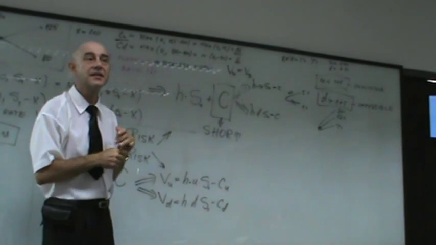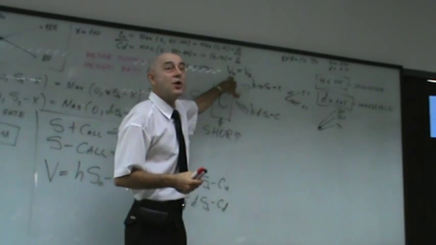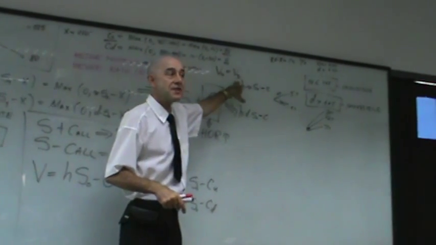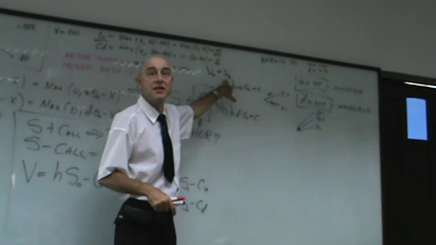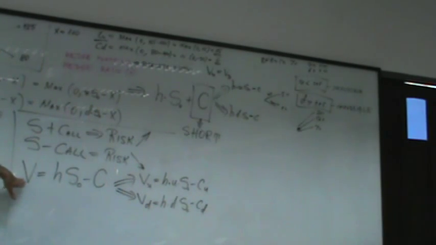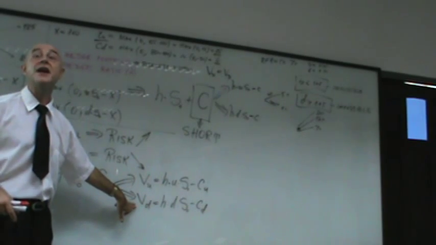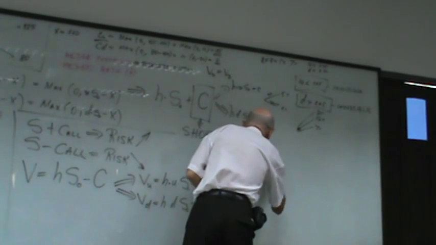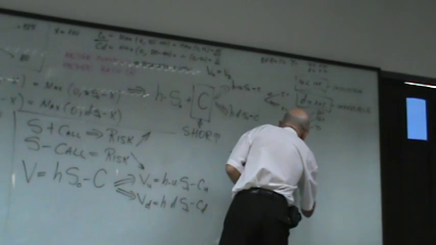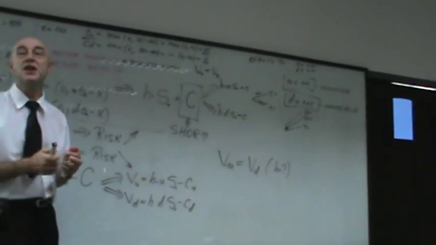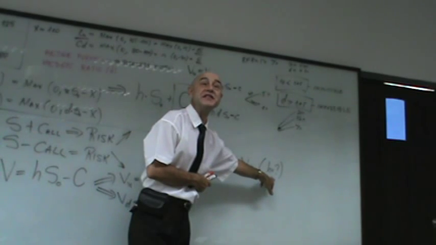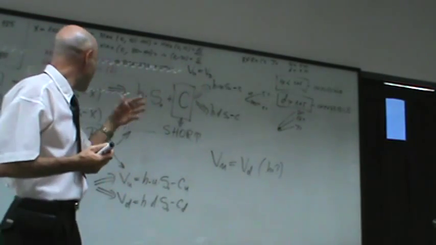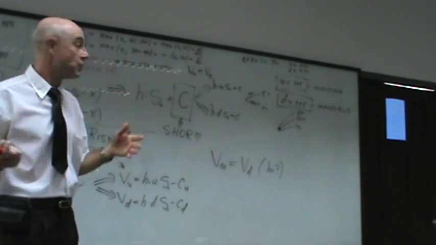So now we can say that VU equals VD, and ask what is the H that will make VU equal to VD? Well, let's solve.